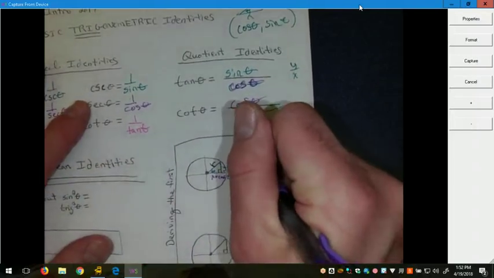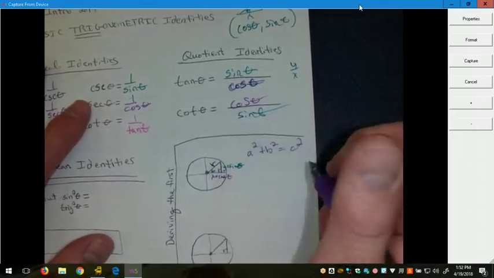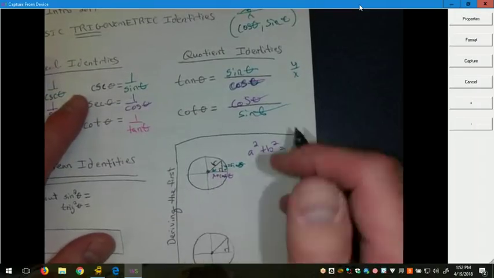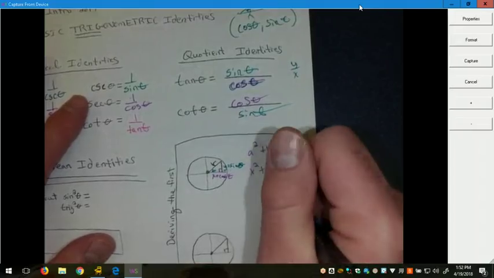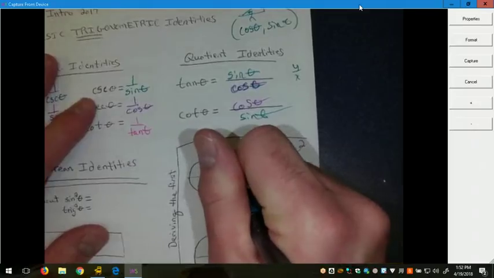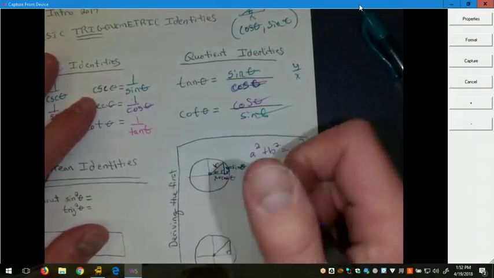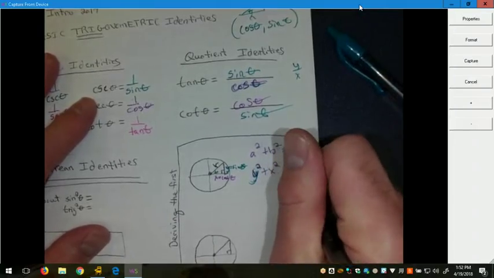So y squared plus x squared equals r squared.